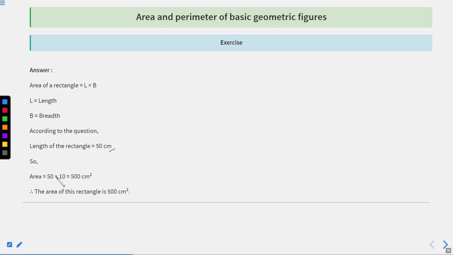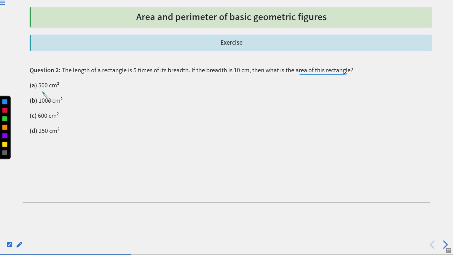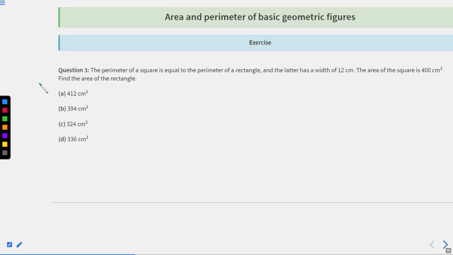So the area should be 50 times 10 using this formula. So the final solution should be 500 centimeter square. Therefore, the area of this rectangle is 500 centimeter square. Therefore, option A is correct. So for question number 2, the correct answer is option number A, that is 500 centimeter square.